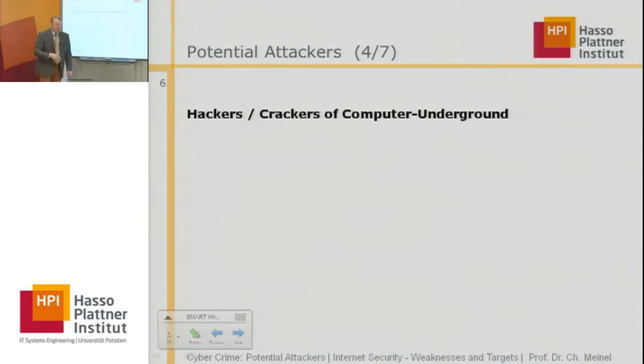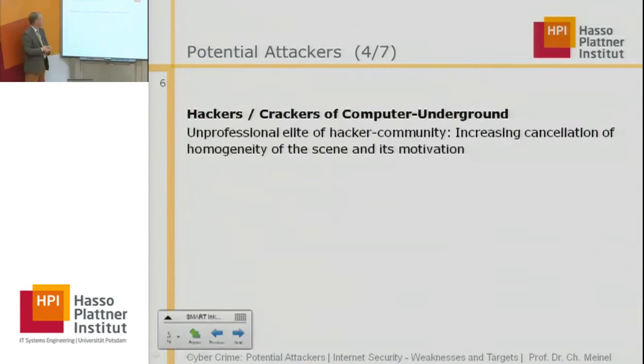Then we have another group of potential attackers. These are the hackers and crackers of the computer underground. Typically, that is an unprofessional elite of the hacker community, with increasing loss of homogeneity in the scene and in the motivation. In the beginning, very early, this was a group that tried to get access to telephone communication systems, to make cost-free telephone calls.